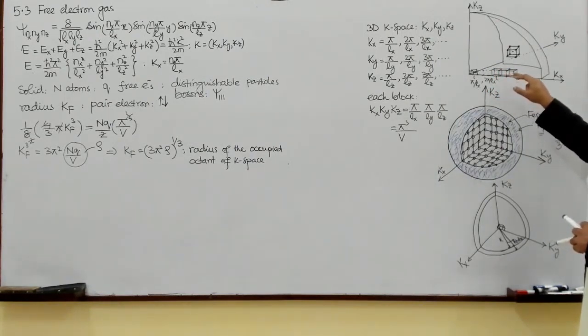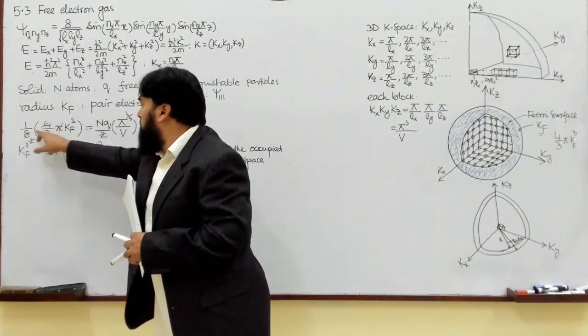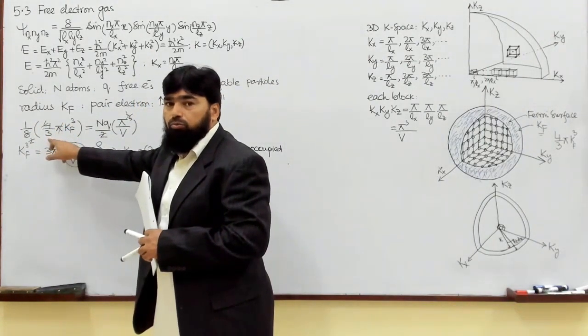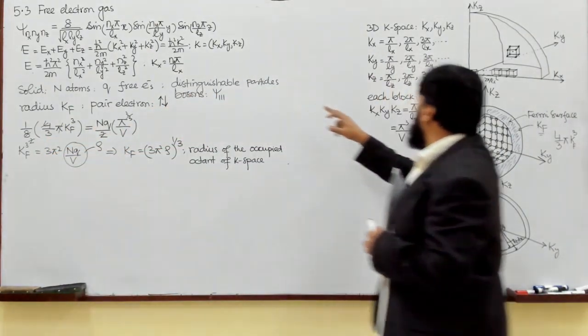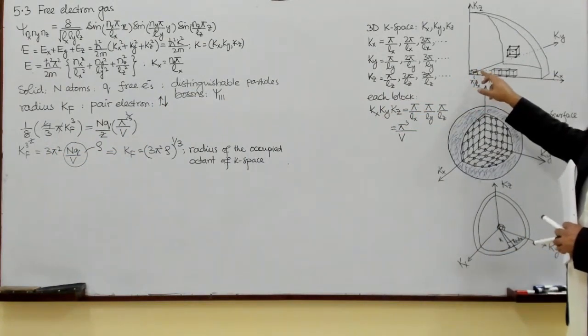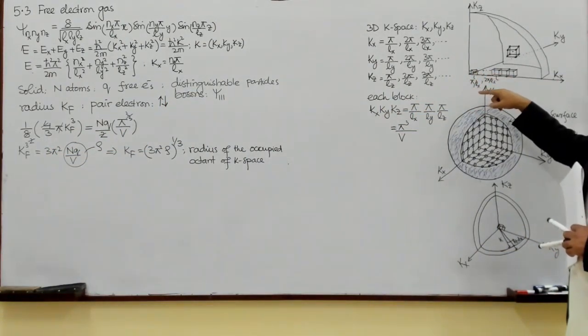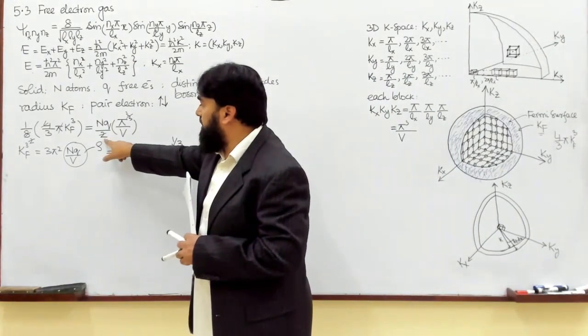So each block is 1 over 8 of this whole volume, and each block represents one state. As the electrons come in pairs, each state is occupied by 2 electrons.